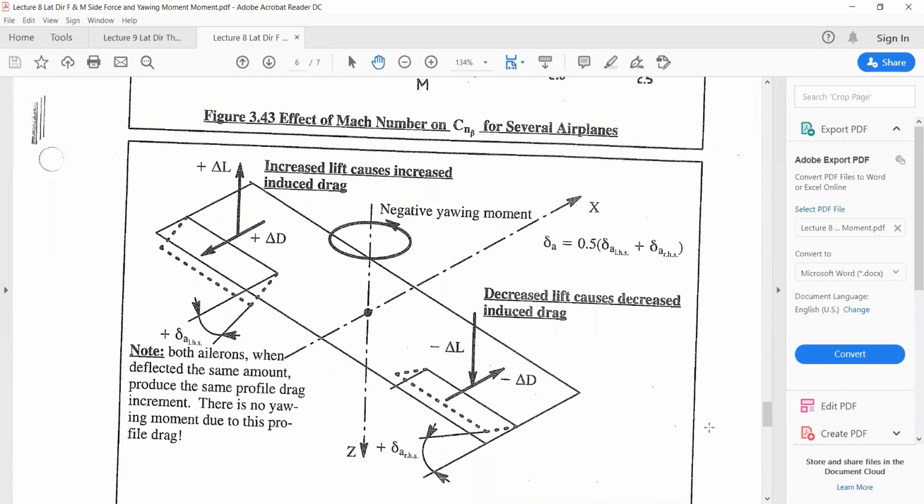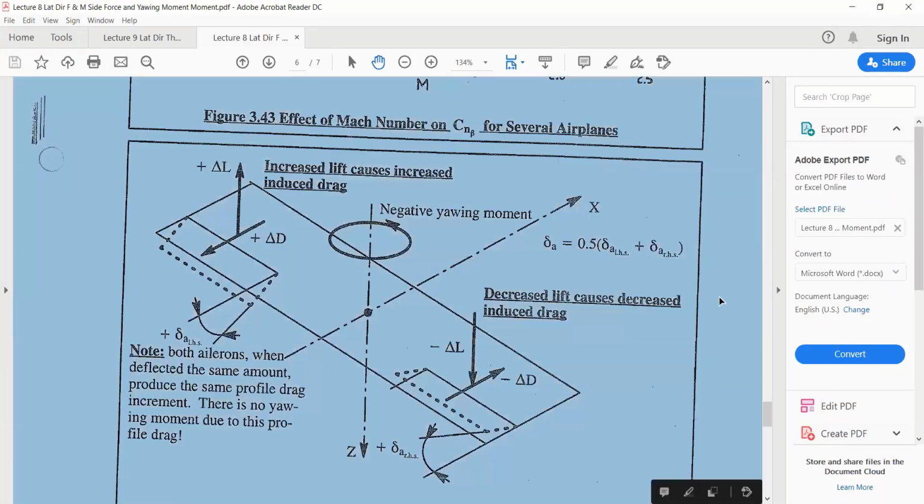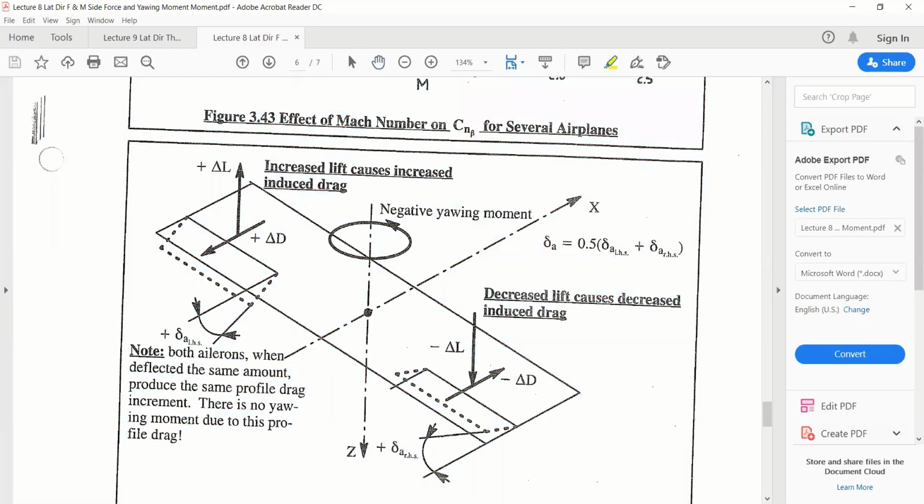All right, so this is the aileron effect. So this is positive.